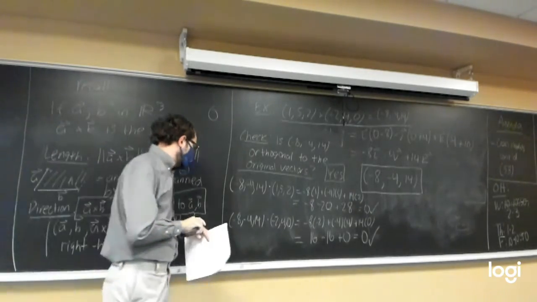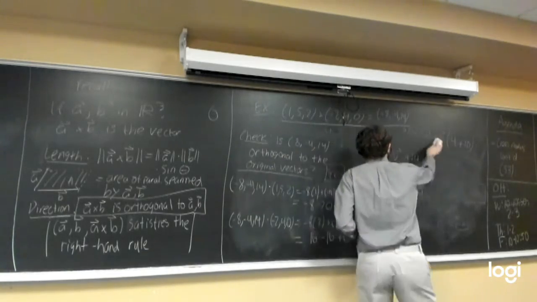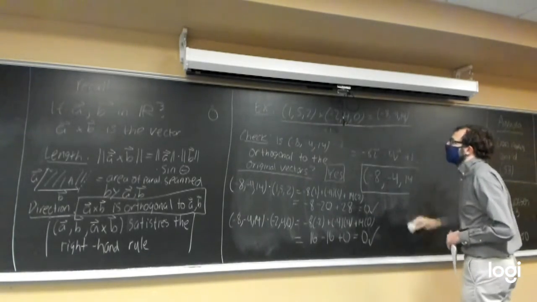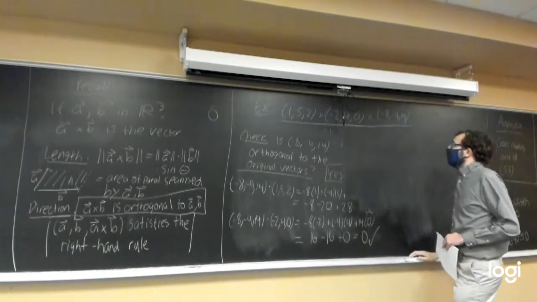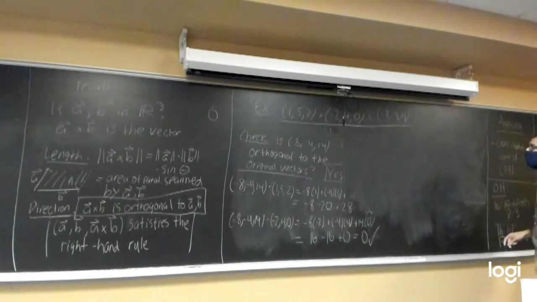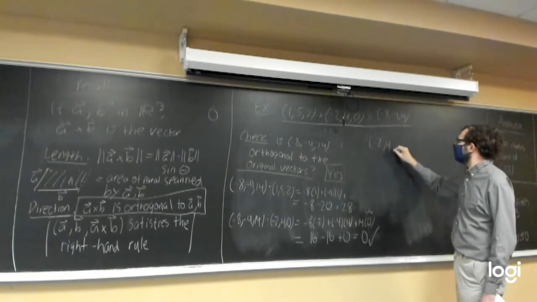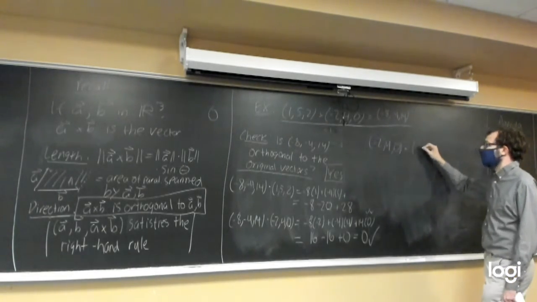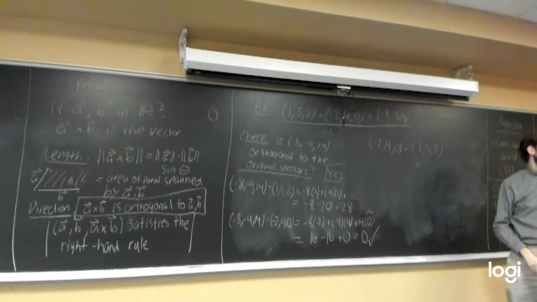Question. So here's a question I have. If we take the cross product of 1, 5, 2 and negative 2, 4, 0, we got negative 8, negative 4, 14. What would we get if we took the cross product of negative 2, 4, 0 and 1, 5, 2?